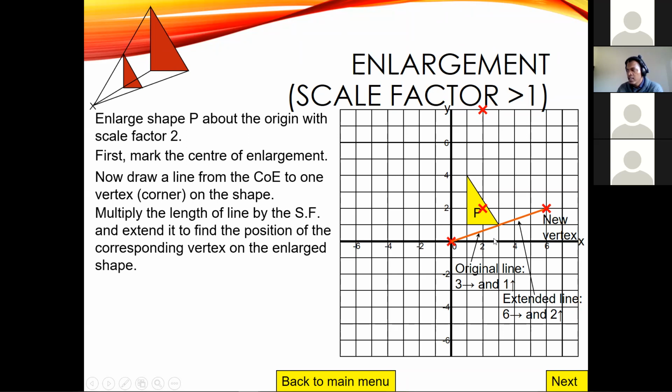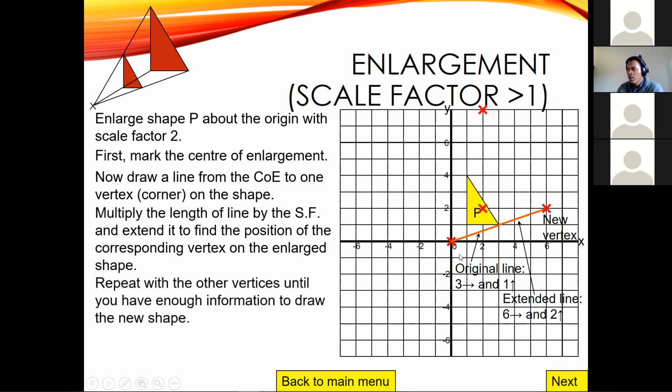But in essence, we don't need to multiply it by 2 because we just need to extend it. It will be on that same line somewhere else. Here we just multiply that by 2 and then we go on. But if it's by half, it becomes a problem. It should be half of the line instead of double the line.